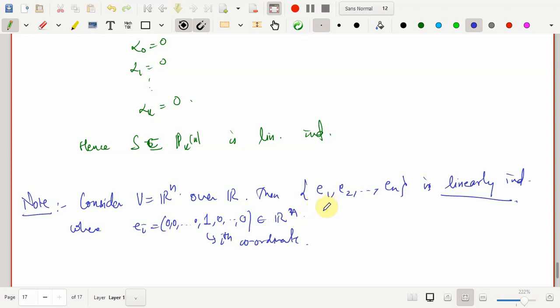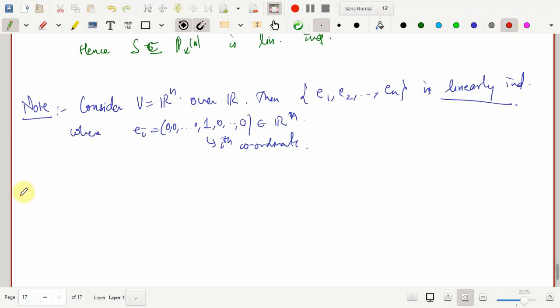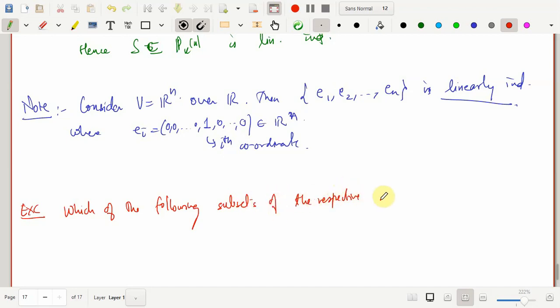Well, for an exercise or homework, there are problems for you. The question is, which of the following subsets of the respective vector space are linearly independent or linearly dependent.